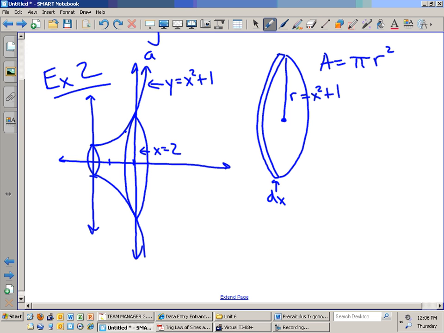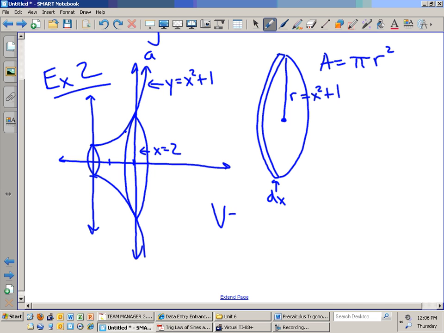So for any x value, like for example at 2, 2 squared is 4 plus 1 is 5. So if I cut off the end, this radius right now will be 5. How did I get that? I plugged it into the function, x squared plus 1. So now I'm ready to go.